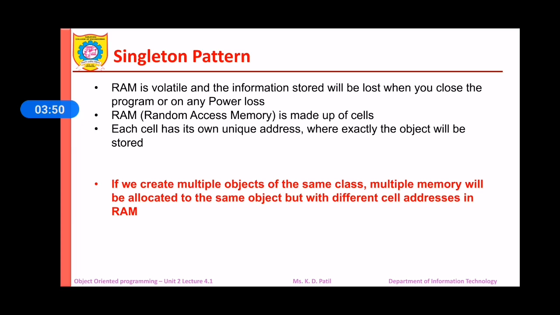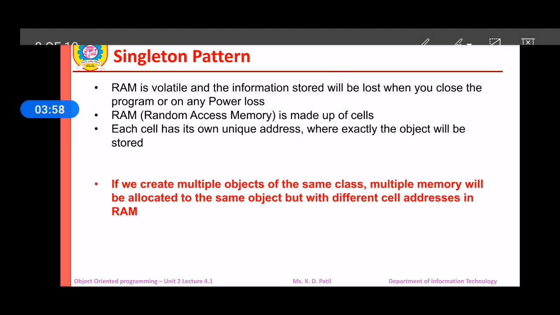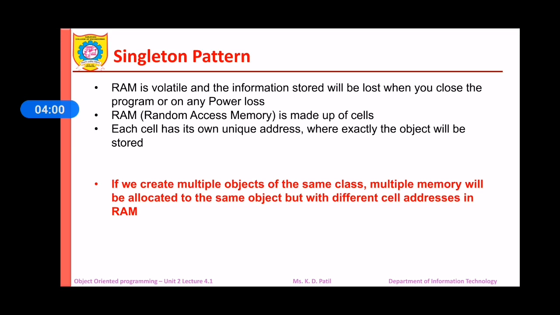The random access memory is made up of cells. Each cell has its own unique address where exactly the object will be stored. So, when we create multiple objects for the same class, multiple memory will be allocated to the same object but with different cell addresses in the RAM. So, the memory will be wasted.